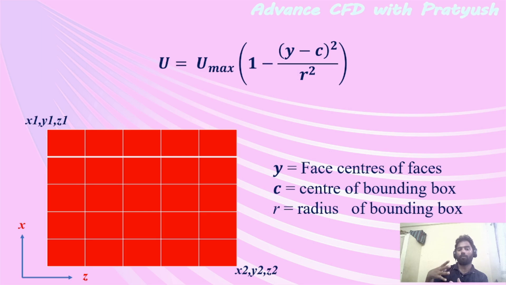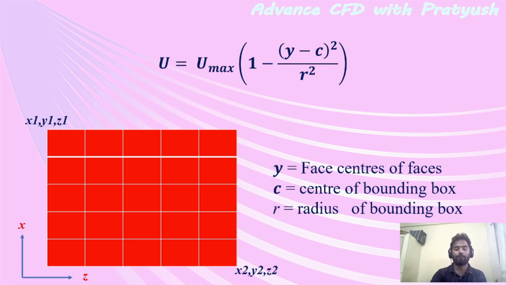Before going to the development part, let's first understand how this boundary condition is going to work. So this is the boundary condition that we are going to apply. This Umax is just some scalar quantity that we are going to ask from the user. Now in y minus c, y is related to the face centers of the faces. These are the different faces you can see on the screen.